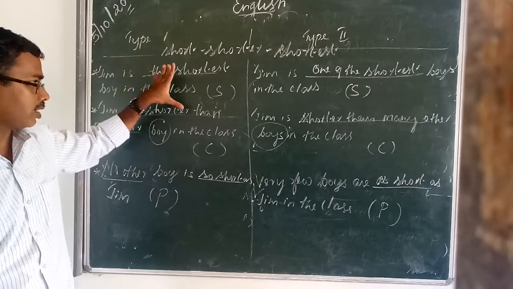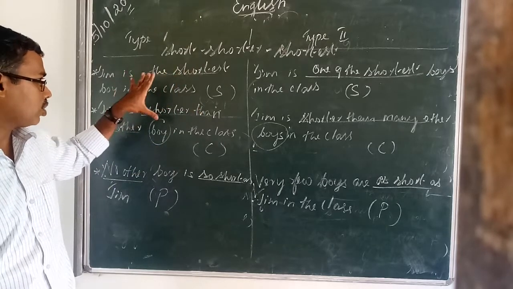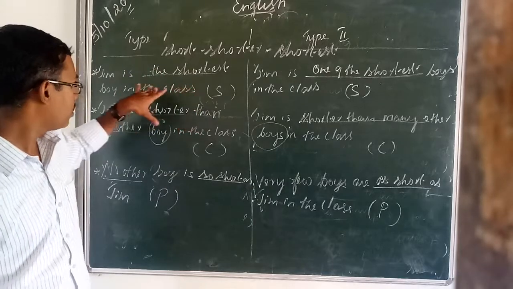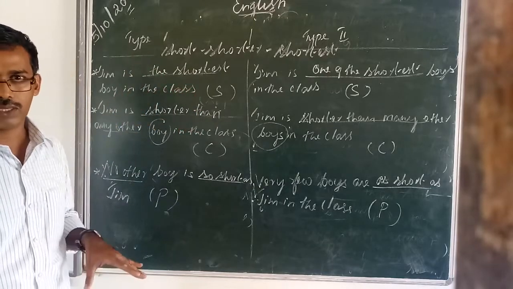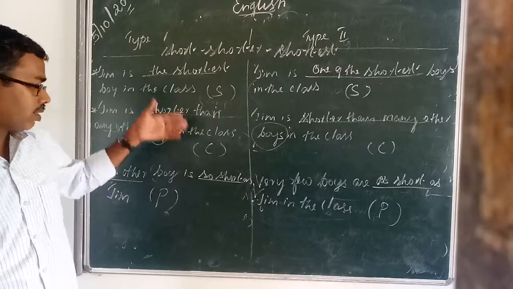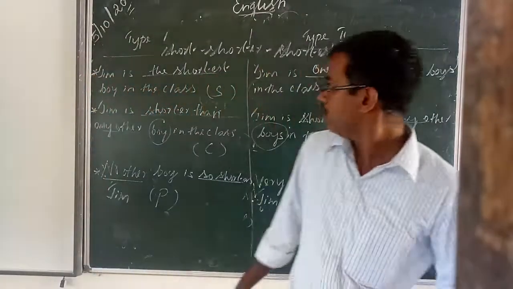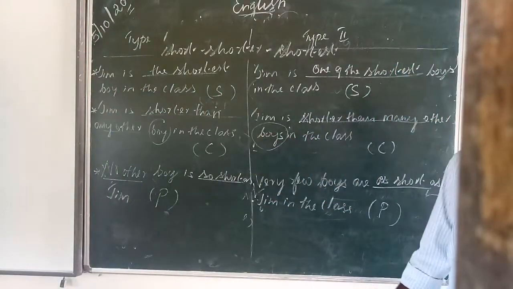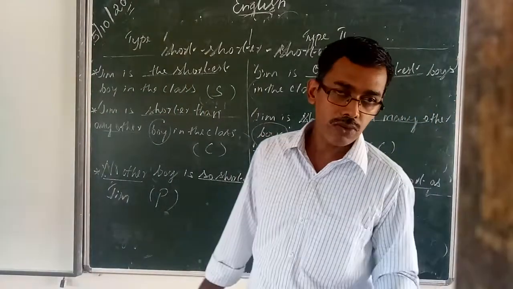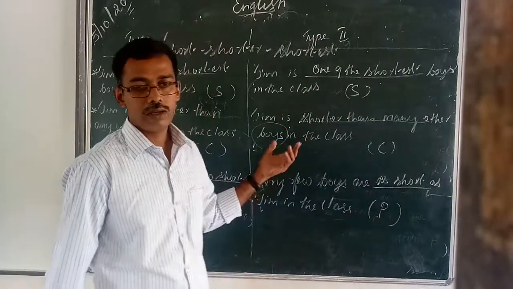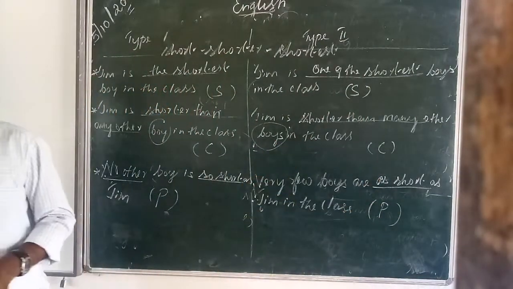How to choose the shortest way, the meaning for the particular sentence. I taught everything. Just go through that. Go through it one or two times repeatedly, so that you can understand very well. And I think you will be able to write many answers for degrees of comparison. Thank you.